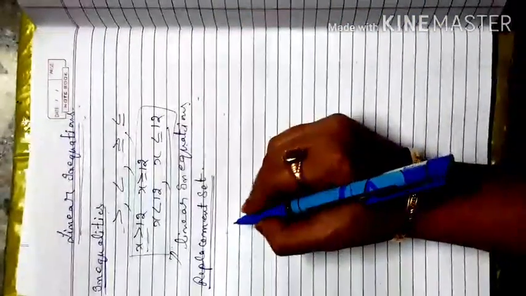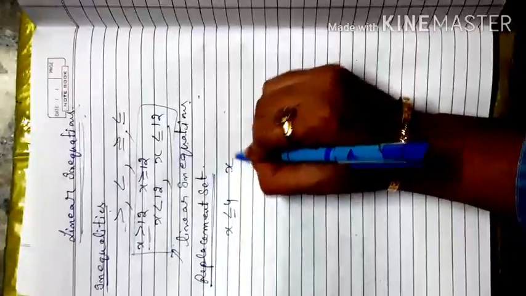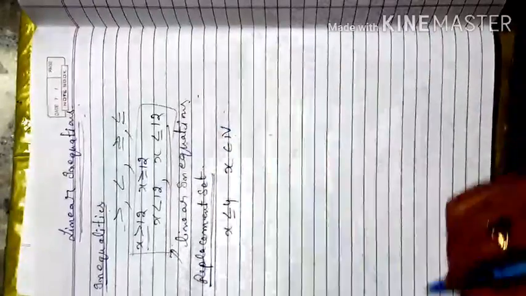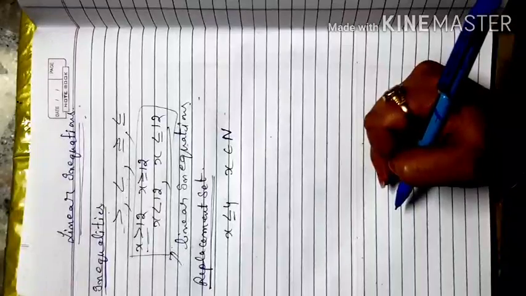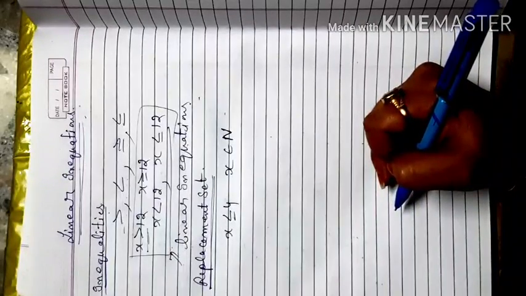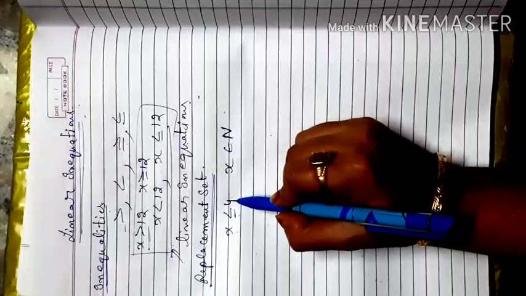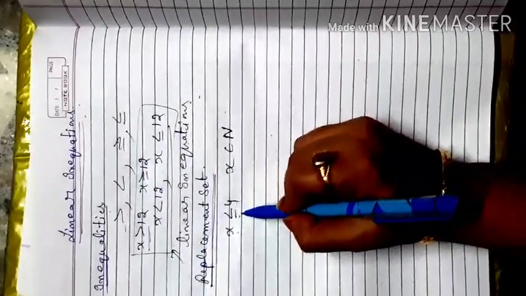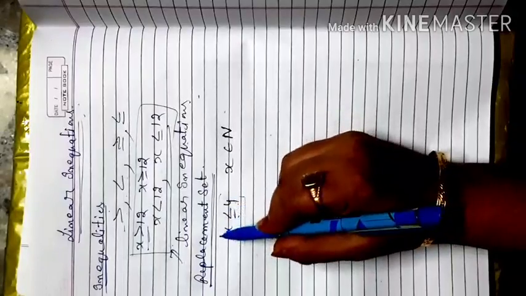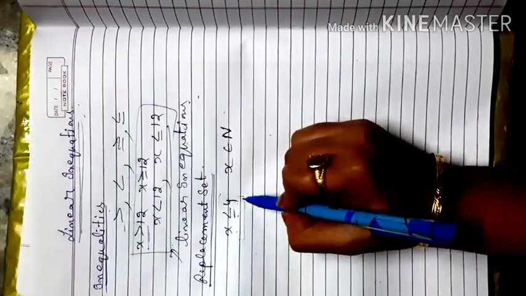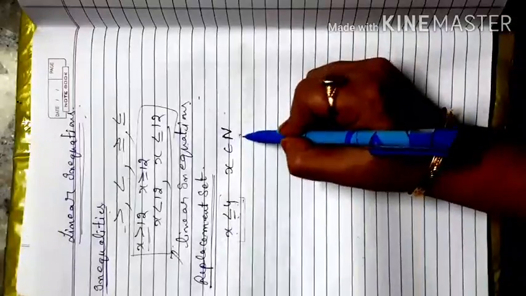So if it is written x is less than or equal to 4, then x belongs to N. Capital N means natural numbers, starting from 1 and moving up to infinity. If it is written x less than or equal to 4, that means less than 4, and 4 is also included. So all values less than 4 will be included, but from the universal set of natural numbers.